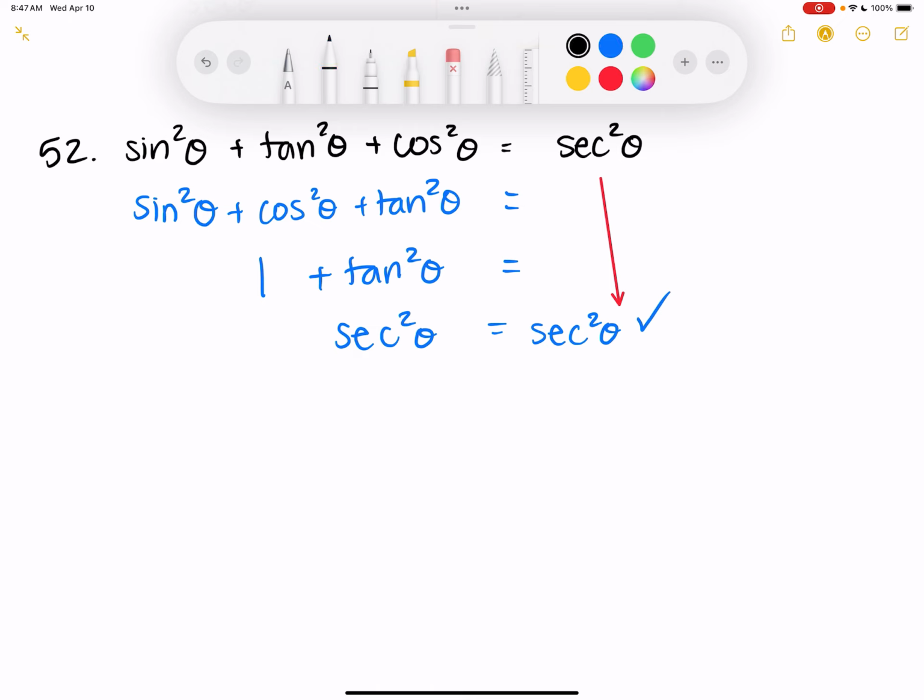Let's see, 56. Secant to the fourth of x minus secant squared of x equals tangent to the fourth of x plus tangent squared of x.